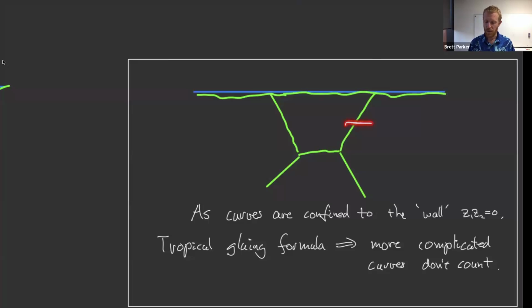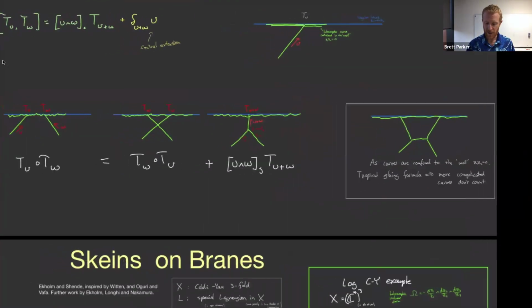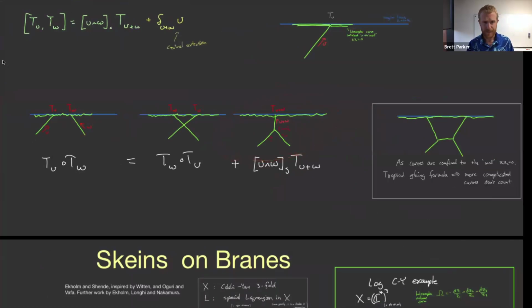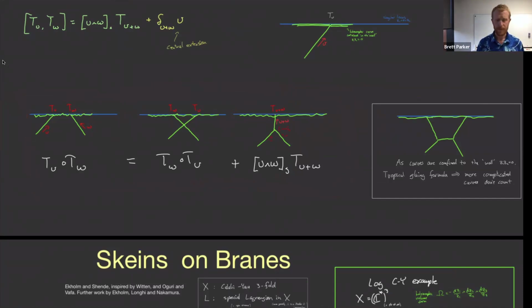When you apply the gluing formula, and you glue first, come around here, and you try and glue again, then the intersection is 0. So you can make sure that curves like that don't count, and the only thing that counts is this. I think that's nice, that you see this commutation relation using tropical curve counting.